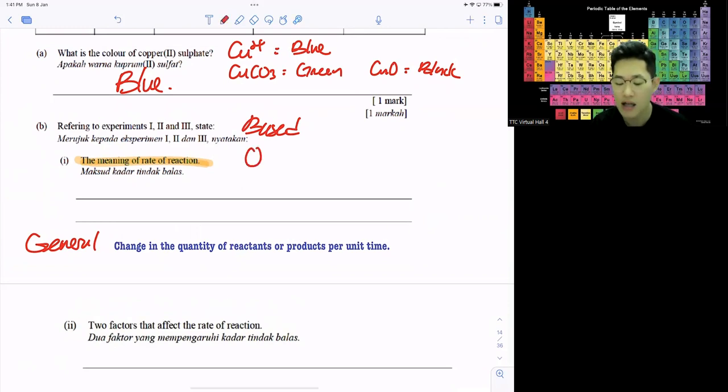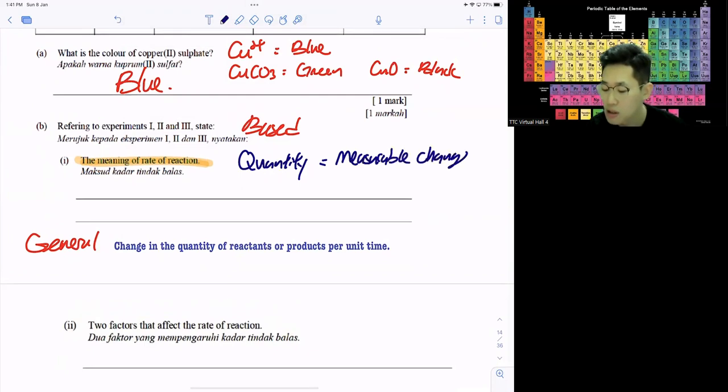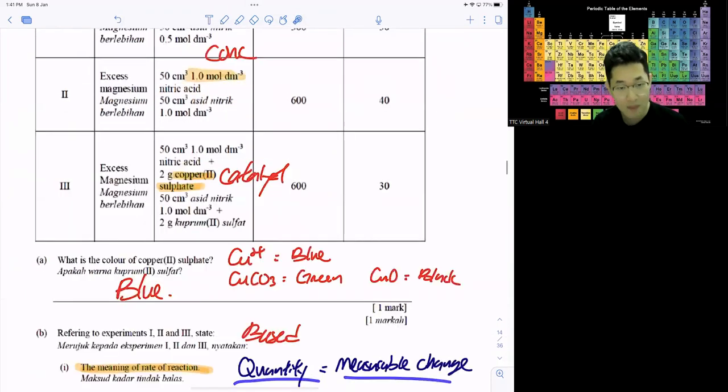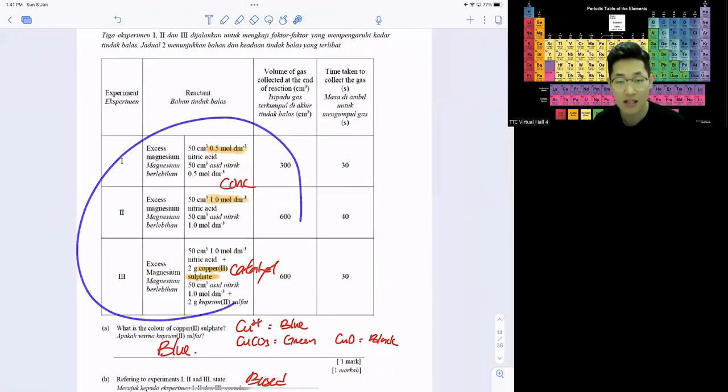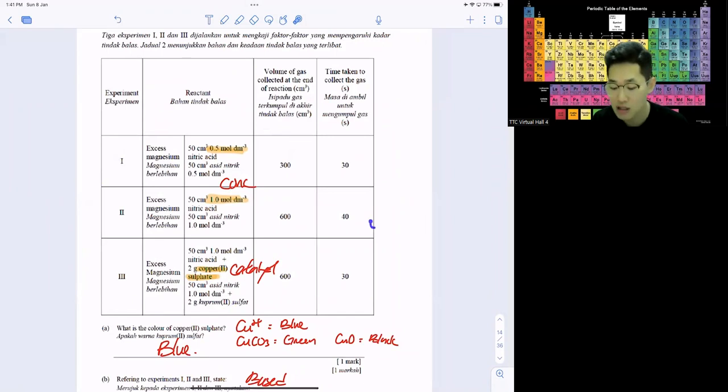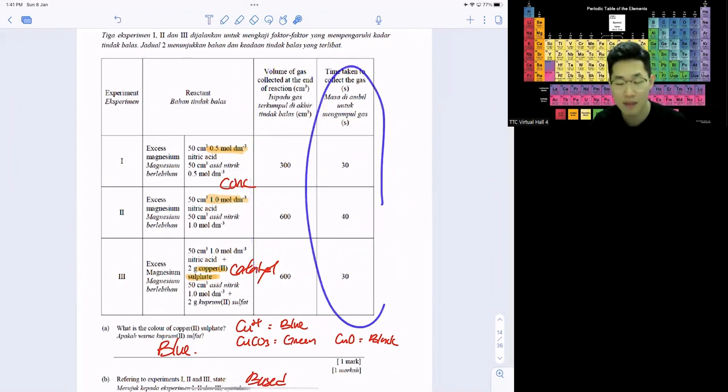So the quantity that we are measuring is also called the measurable change. Measurable change of quantity is actually quite simple. For a reaction that produces gas, this one produces hydrogen gas. Sometimes they show you the volume of gas collected in a specific time.